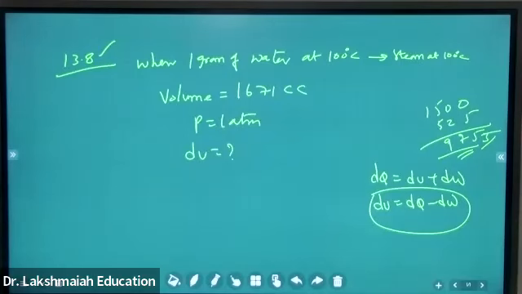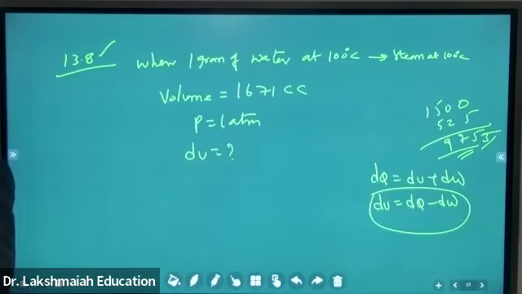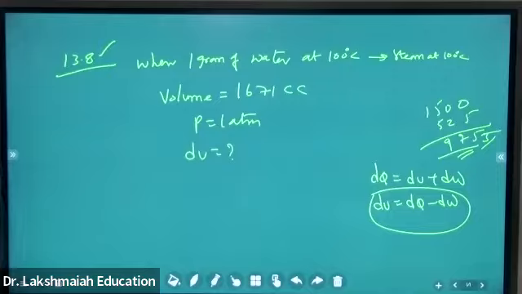Okay, I will go for 13.19. One minute. In 13.19, work done is minus 100 joules. But my answer is 60 joule. Why are you getting 60 joule?